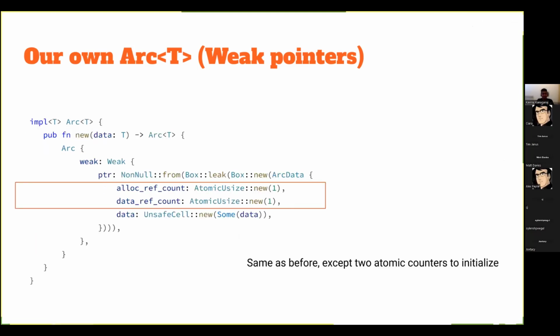For the initialization, when we create a new Arc, with Arc::new, it's the same as before, except we have two reference counts now. And instead of building the data directly, we just wrap it in an UnsafeCell with Some of data.